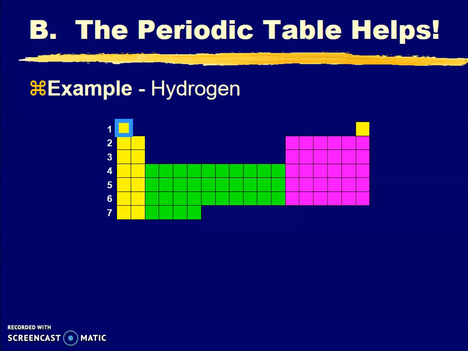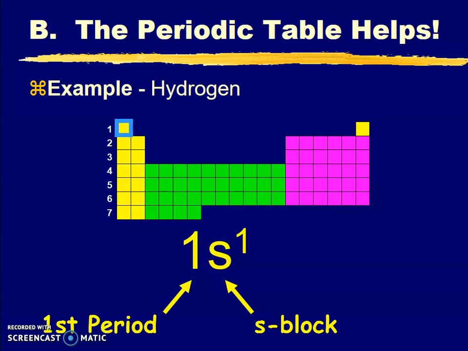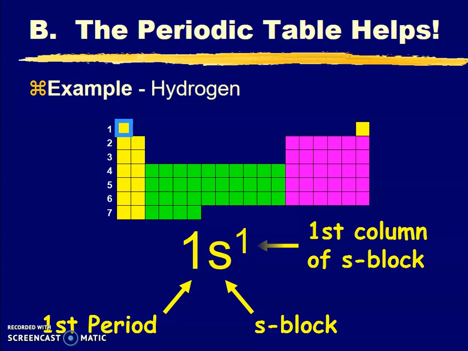For hydrogen, it is 1s1. The 1 is the period that it's on. It's in the first period, first row. The S tells you the sublevel, so is it S, P, D, or F? It's S. And then 1 is the first column of the S block.